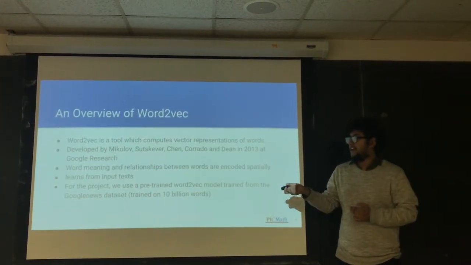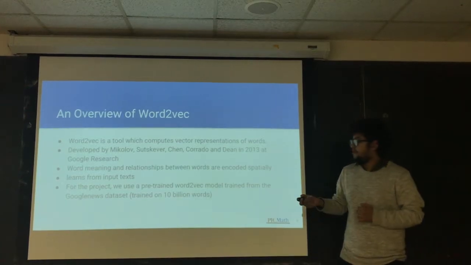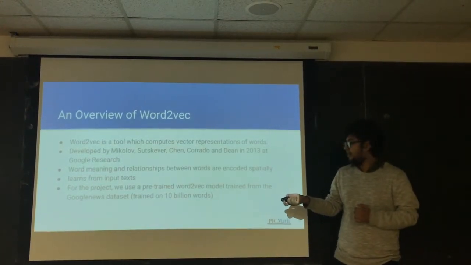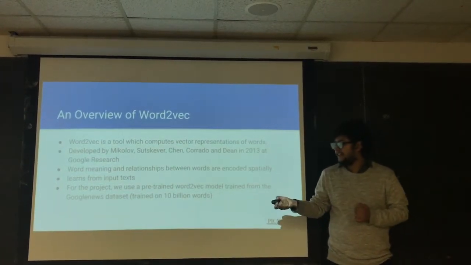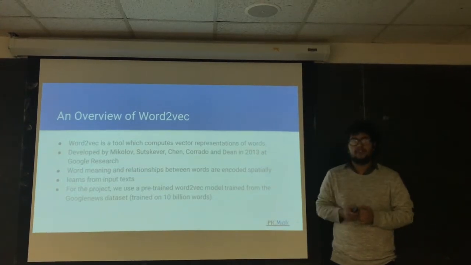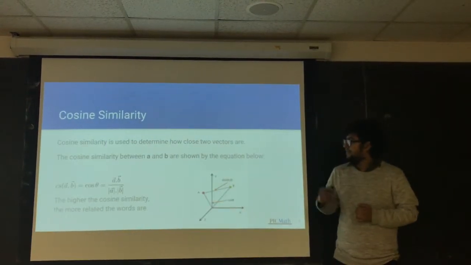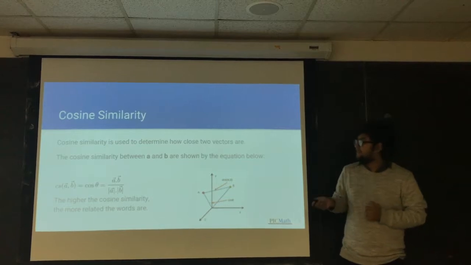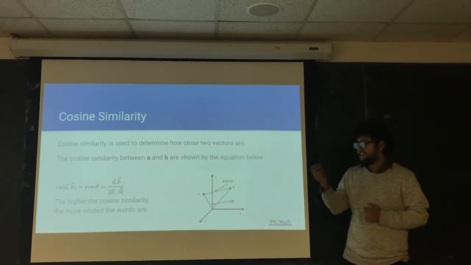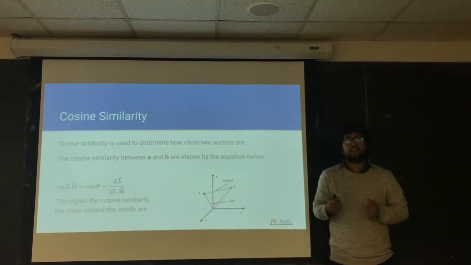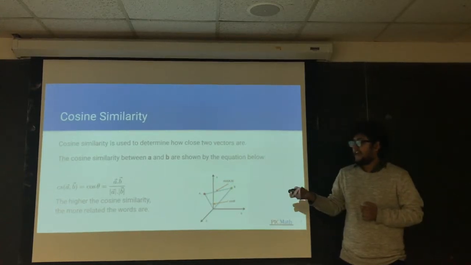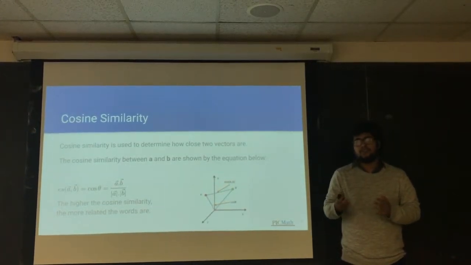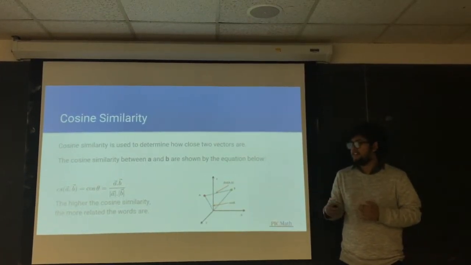Word2Vec learns from a giant corpus of words. For now, we're using a pre-trained Word2Vec model, which is trained on the Google News database, which has around 10 billion words. And the cosine similarity that we're talking about is simply the cosine of the angle between the two vectors, and that gives us a measure of how close two word vectors are.